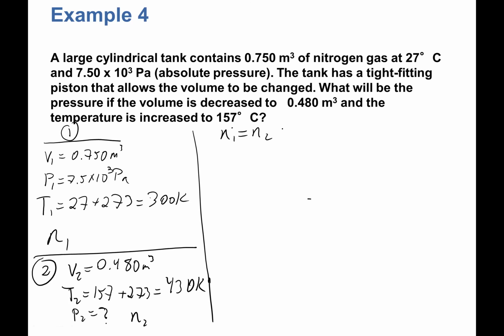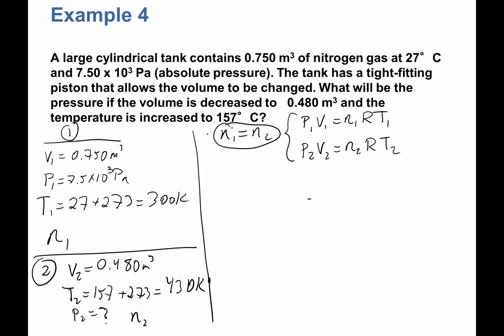So I have two equations. Equation 1 describing state 1: P1V1 equals N1 R T1. And equation 2, state 2: P2V2 equals N2 R T2. One important thing: the number of molecules before and after is the same.